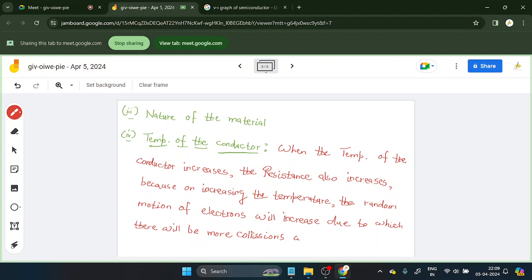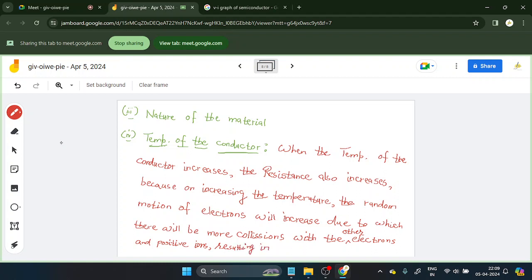With what? With the other electrons and the positive ions, resulting in the increase of resistance.